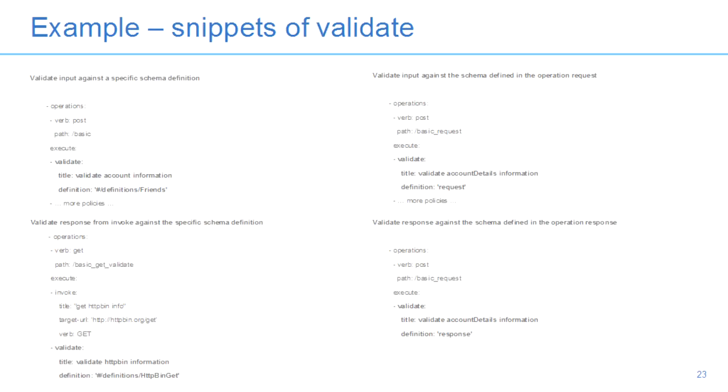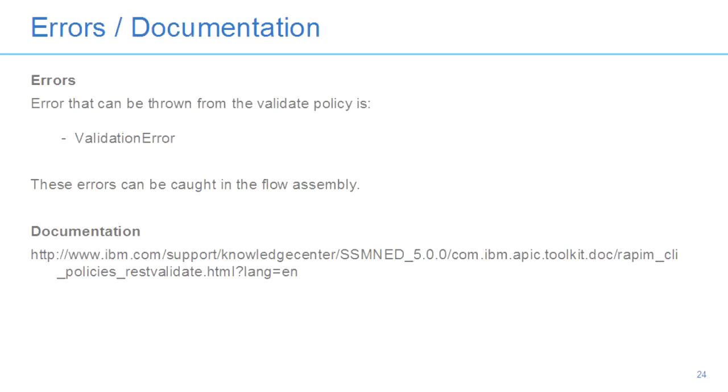And then bottom left, it's validating after an invoke. Oh, I didn't put the invoke in. Against the response. So that's just going to use the different schemas defined in different parts of the Swagger to actually do the validation against.